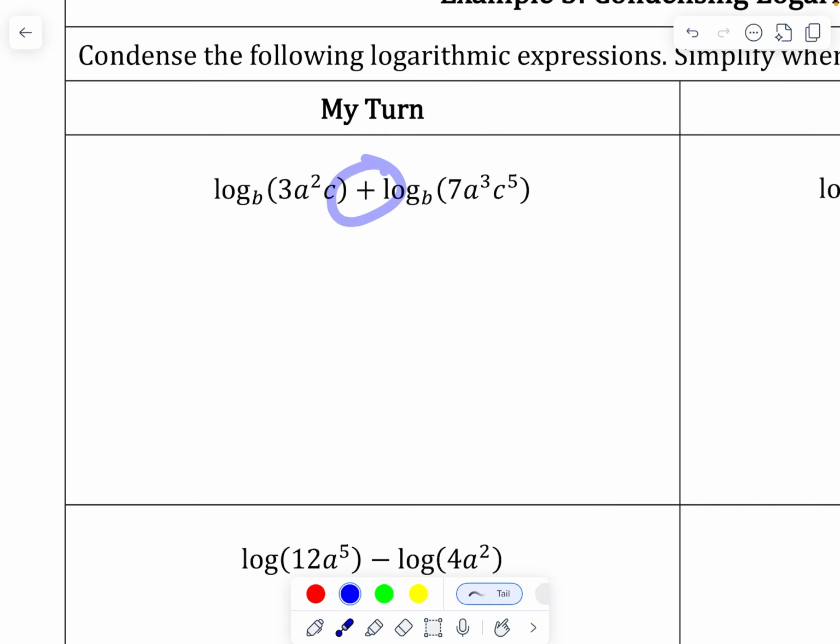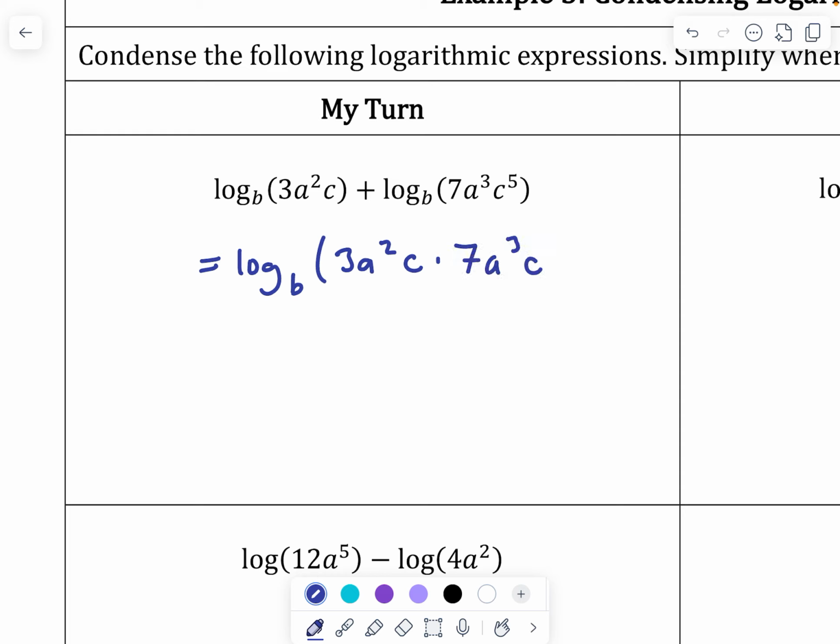We have addition outside the logarithm that corresponds to multiplication inside. So I can take this 3a squared c and multiply it by the 7a cubed c to the 5th. Right, this just used property 1, but in reverse, if you will, the other way from what we've been doing. So log base b, multiply everything. 3 times 7 is 21.